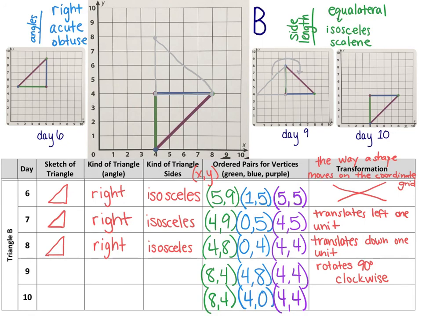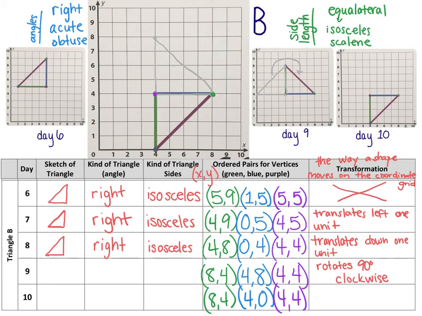Now, just like we explained yesterday, the green points are the same on these 2 days, and the purple points are the same on these 2 days. So my purple point is here, and my green point is here. Those are the same. So although you might think, oh, we just rotated it, we did not, because if the green and the purple points are the same, only the blue point moved from here to here.